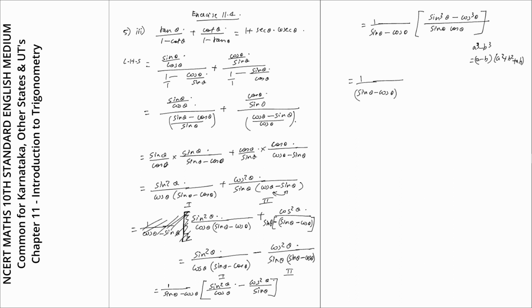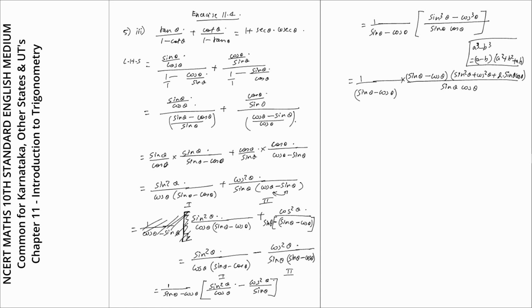So now sin cube minus cos cube I can expand, so now this becomes sin theta minus cos theta into sin square theta plus cos square theta plus 2 into sin theta cos theta, divided by sin theta cos theta.